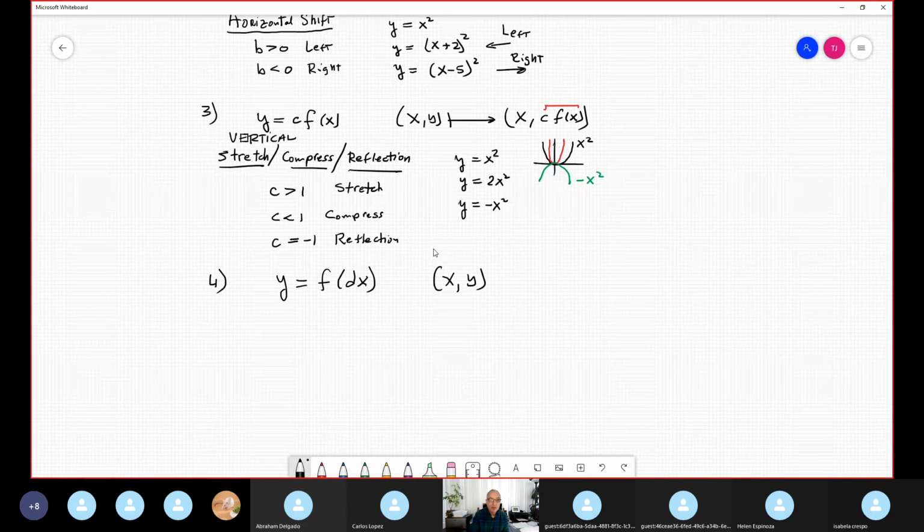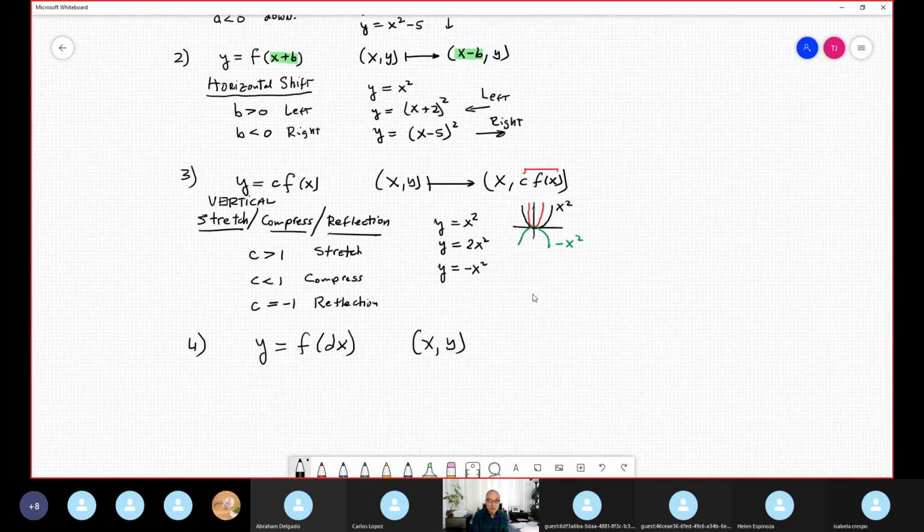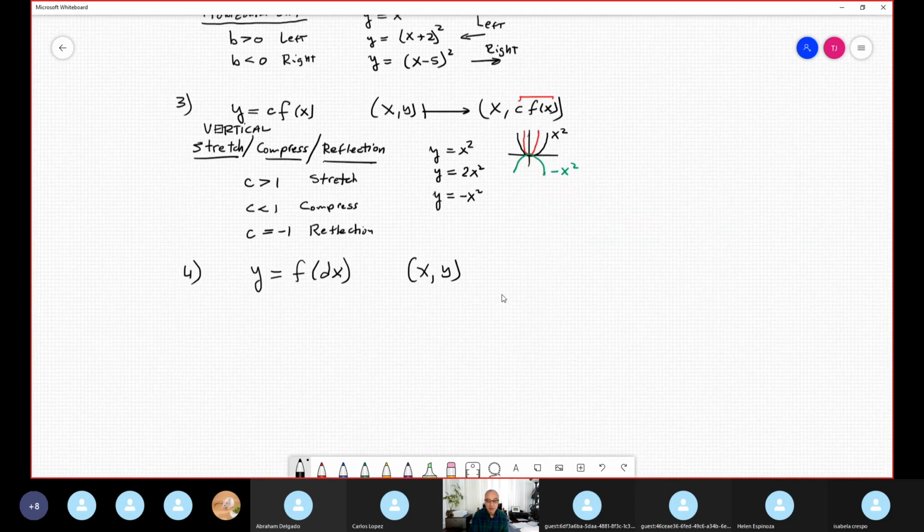You remember that in the horizontal shift, when you add plus one number, is actually subtraction. In this case, multiplication, entonces es division, que es the inverse operation. O sea, when the transformation is inside the parenthesis, is completely opposite operation.